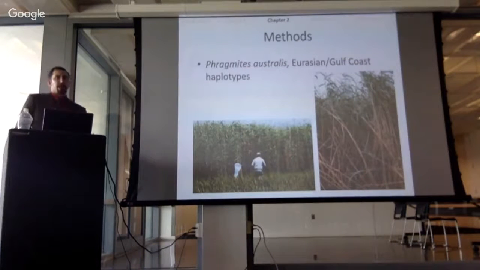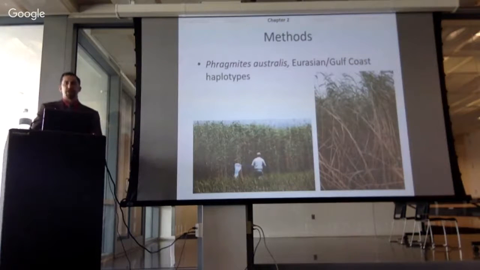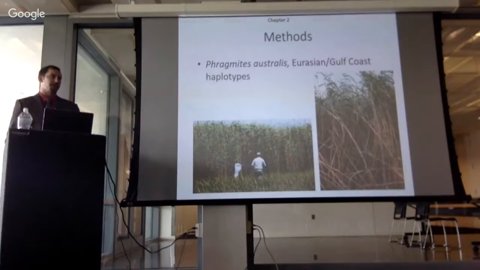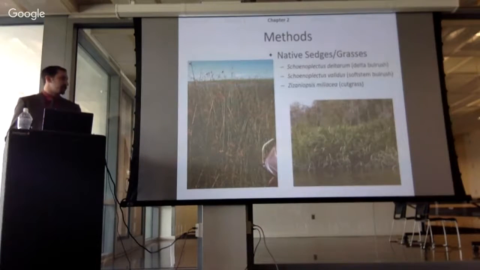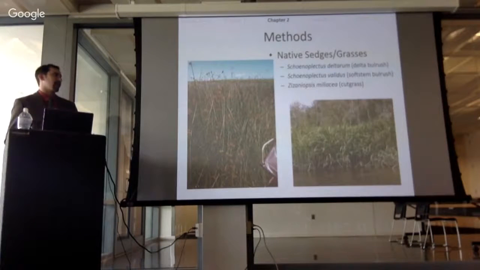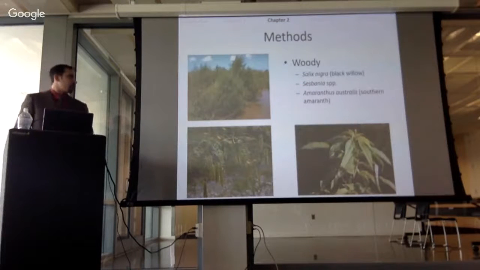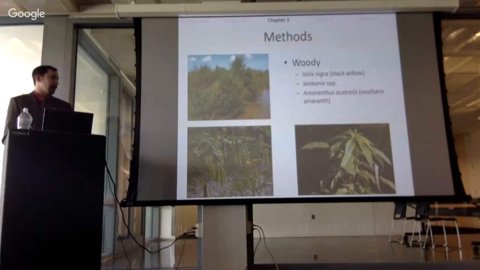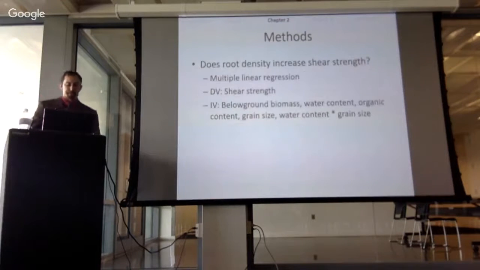I treated Phragmites as a separate community, again, because it forms these dense monospecific stands, and because if not invasive, it's at least cryptic for some of those haplotypes. Others are known to be invasive. So I kept them separate from the native sedges and grasses, including 2 species of Schoenoplectus as well as Zizaniopsis. Finally, we had a woody community consisting of juvenile Salix trees, as well as Sesbania and Amaranthus.